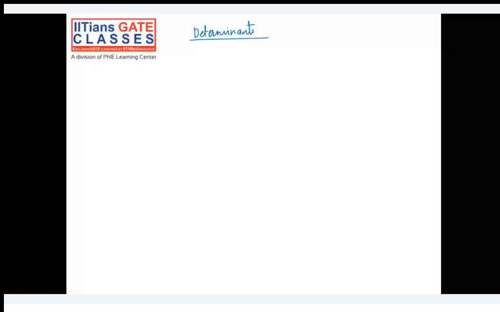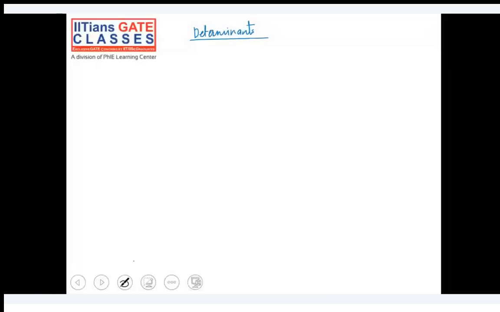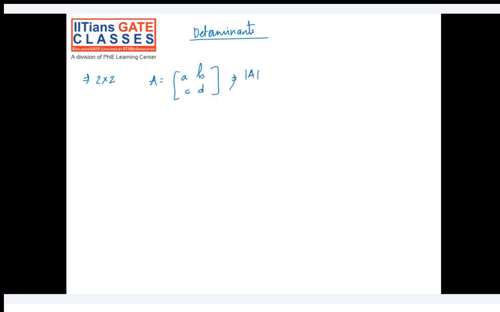If it is a simple 2 cross 2 matrix, any matrix with entries a, b, c, d in general, then the determinant is represented as mod of A, and its value will be equal to ad minus bc, the multiplication of a into d minus bc.